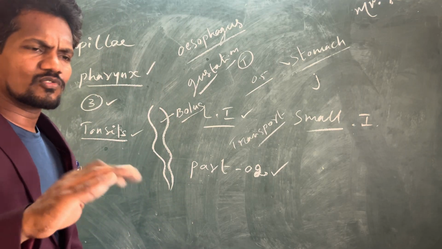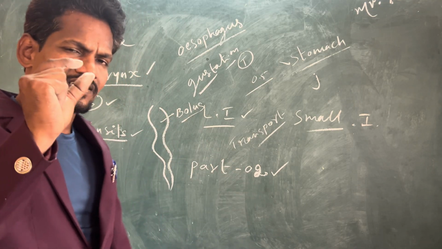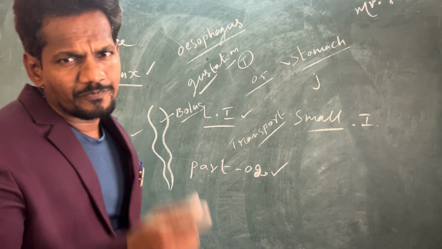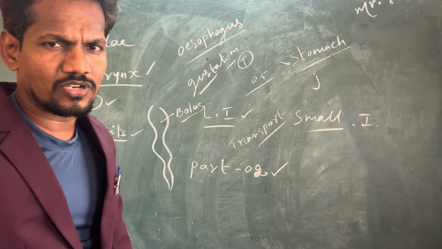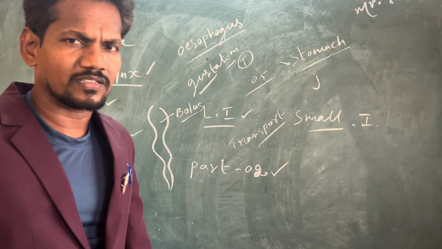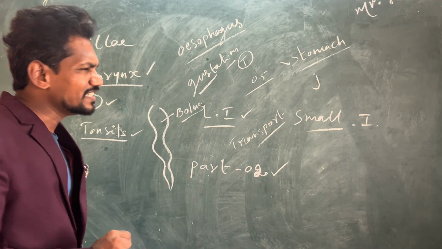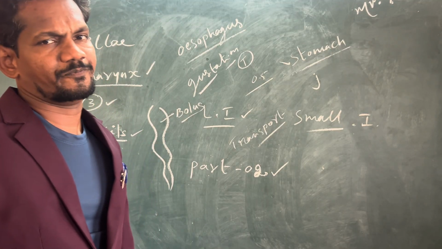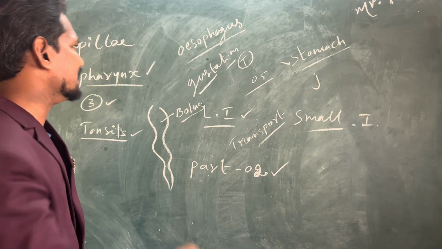Where the esophagus opens into the stomach, there is a special sphincter, a circular muscle which controls the passage of bolus into the stomach. That sphincter is known as the esophageal sphincter or cardiac sphincter.